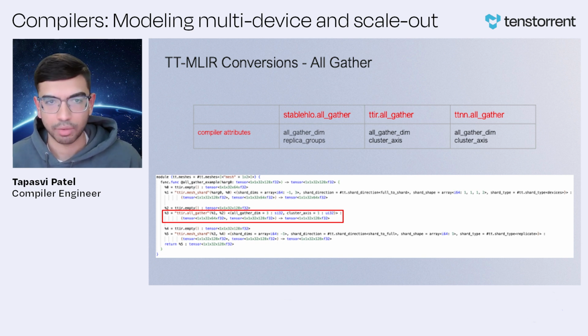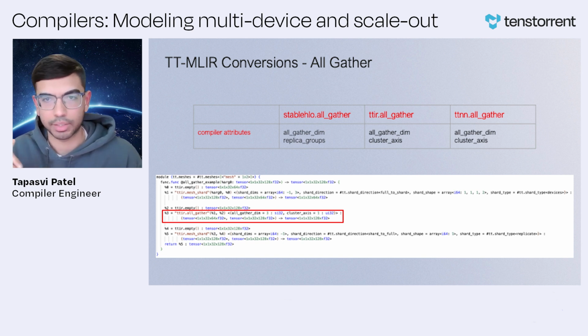In TTIR, we basically propagate this all gather dimension down the stack. However, for replica groups, we convert it into a cluster axis, which defines what axis of your mesh the devices participating in the all gather are on.